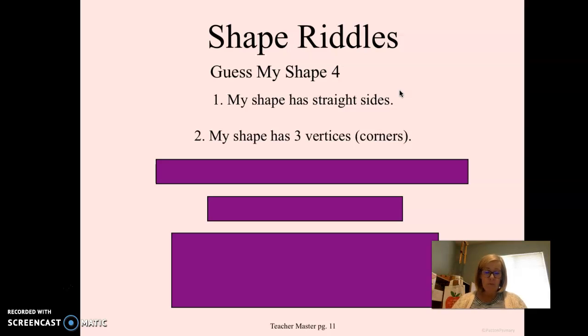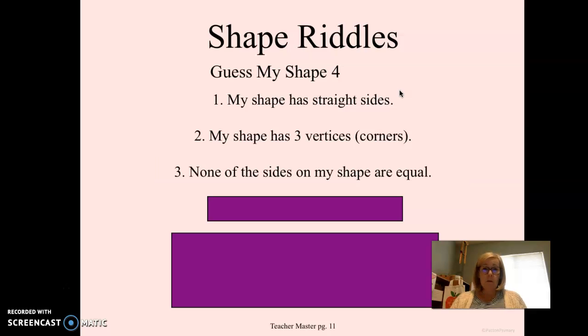You should be left with a scalene triangle, an equilateral triangle, and a right triangle. None of the sides on my shape are equal. Okay, so equilateral has almost the word equal in it. All 3 sides are the same, so it's going in the pile.